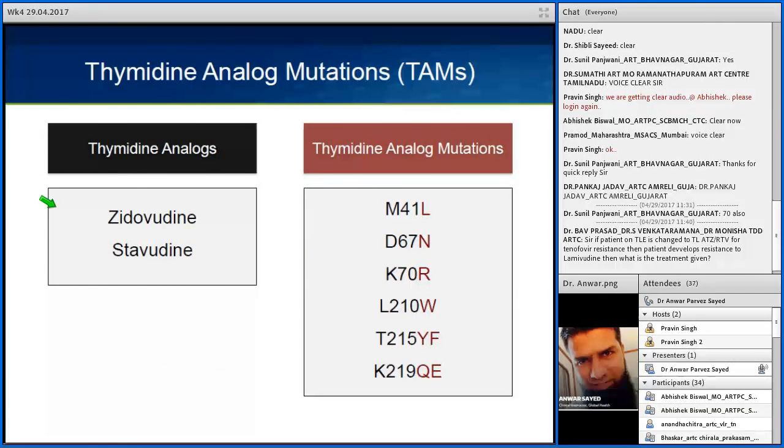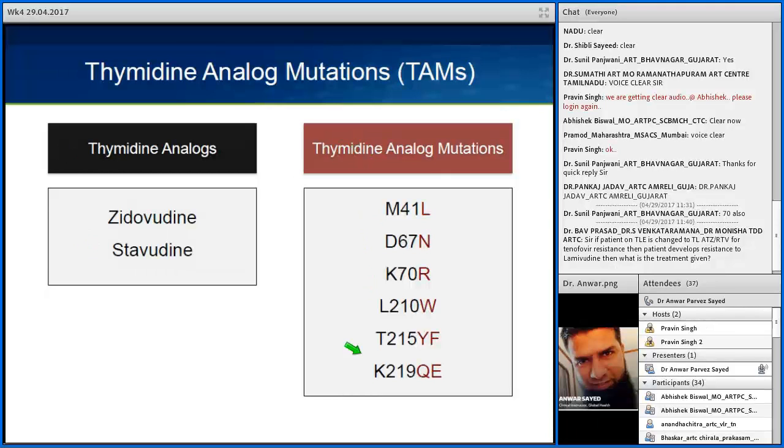Now let's go to specific mutations. From here on there will be quite a few slides from the UW faculty which are beautifully explained there. I'll just repeat a few points. Zidovudine and stavudine are called thymidine analogs. You need to remember this term, thymidine analogs, because the mutations related to these are called thymidine analog mutations.